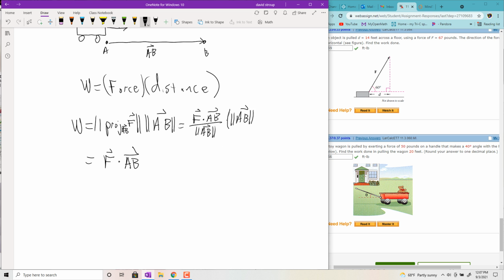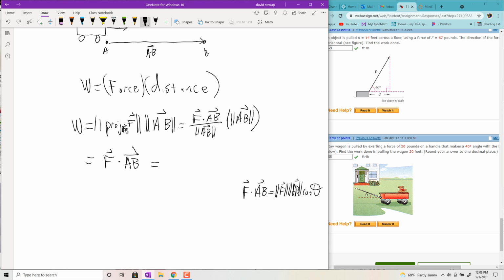Another form they will also use: recall F dot AB is the same thing as the magnitude of F times the magnitude of AB times cosine theta, the cosine of the angle between the two vectors.